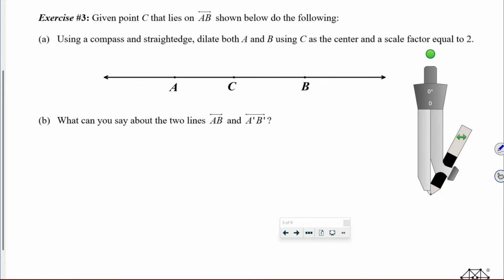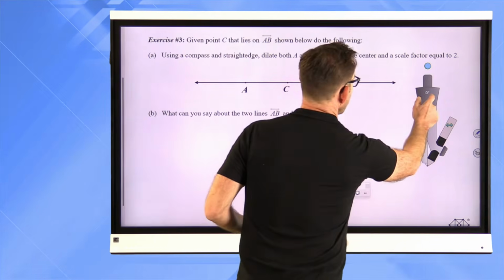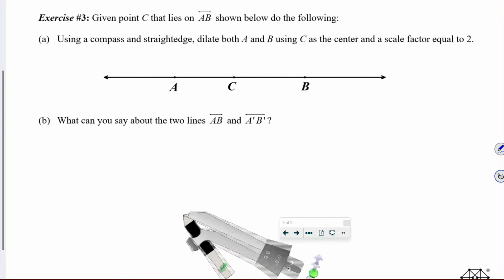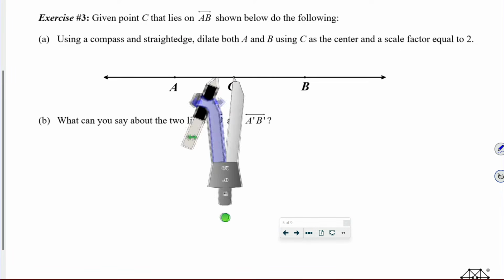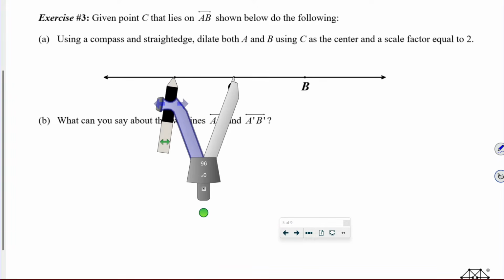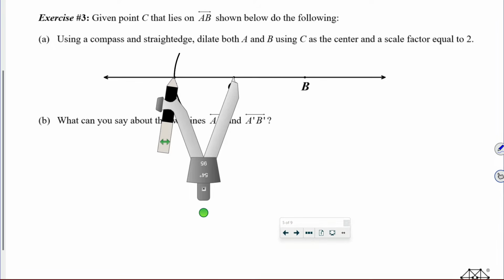Given point C that lies on line AB shown below, do the following. Letter A: using a compass and straightedge, dilate both A and B using C as the center and a scale factor equal to 2. Now this is kind of cool, because I can figure out where the image of point A should lie under this dilation by ensuring that its image lies twice as far away from C as A did.